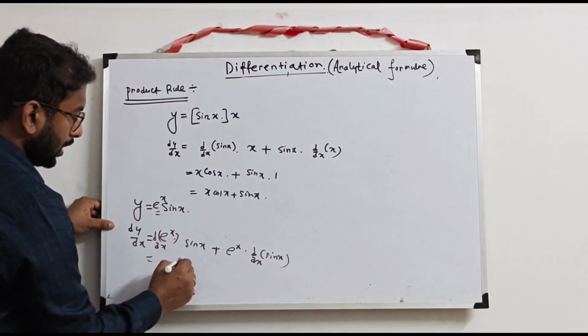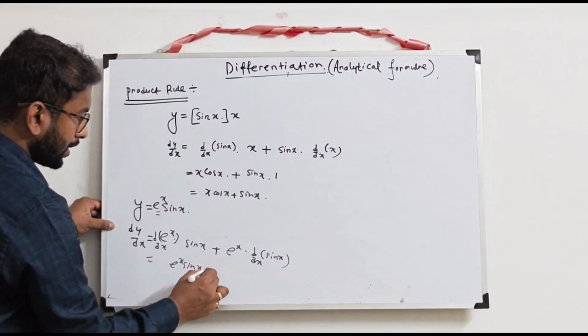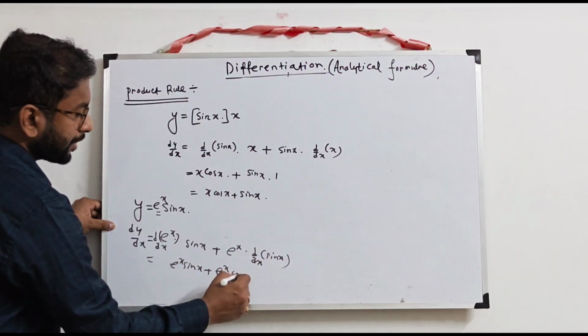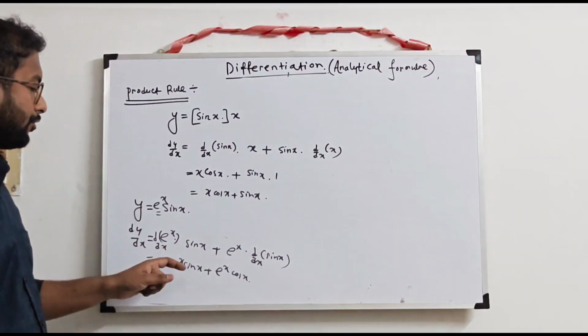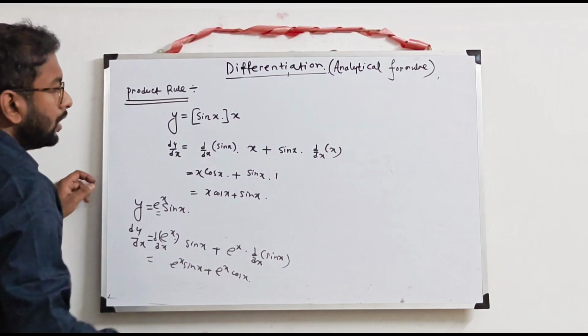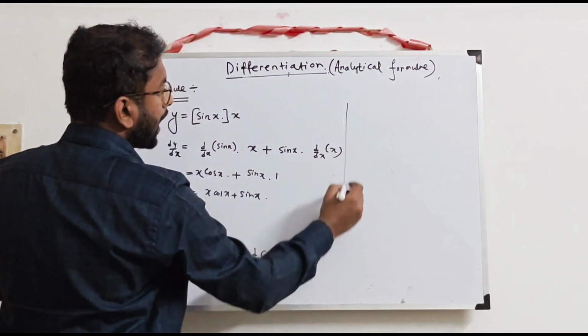So that is e to the power x sin x plus e to the power x, so d/dx of sin x is cos x. So this is your answer. e to the power x, if you take common, it is becoming e to the power x into (sin x plus cos x).